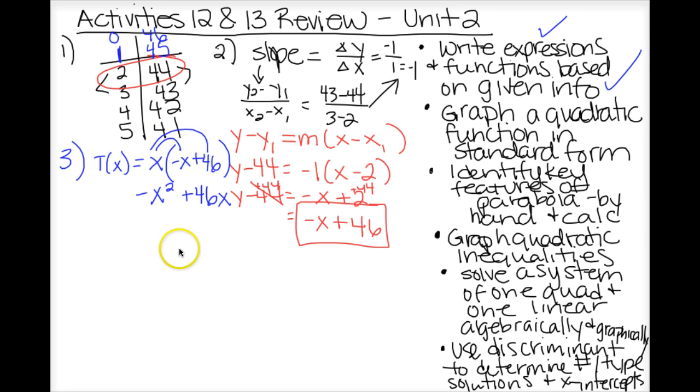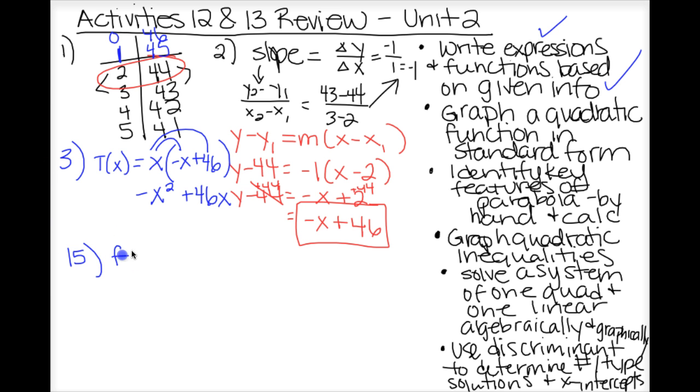All right, so the next one I want to look at is, excuse me, number 15, because this is one of the ones where you have to find the x-intercepts and the y-intercepts.